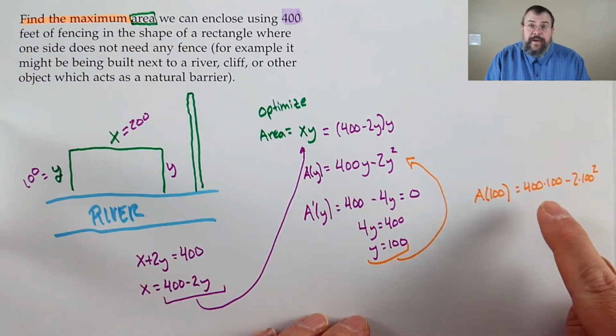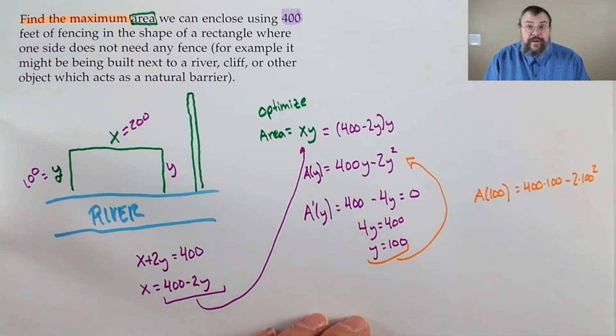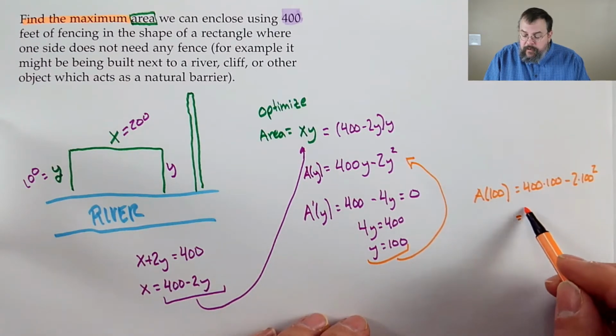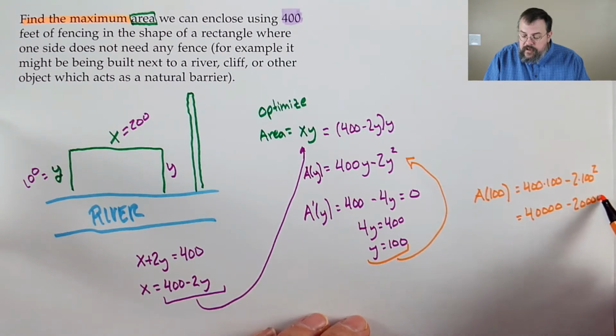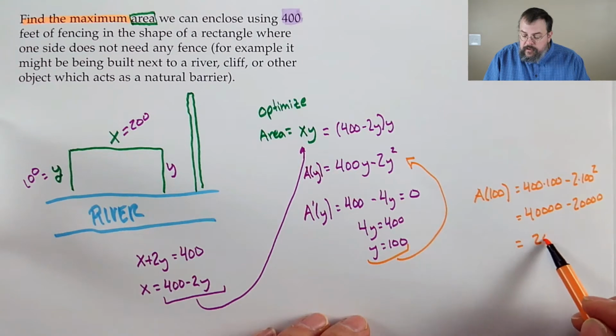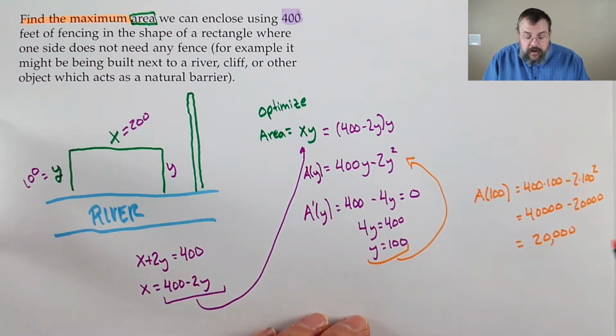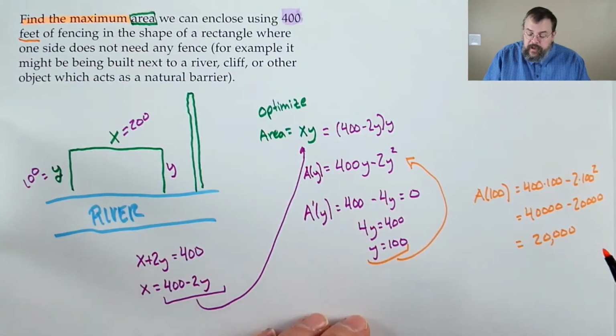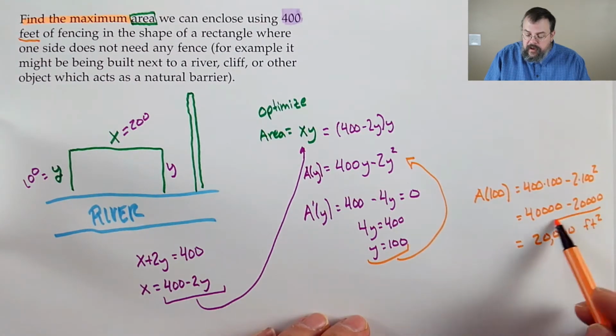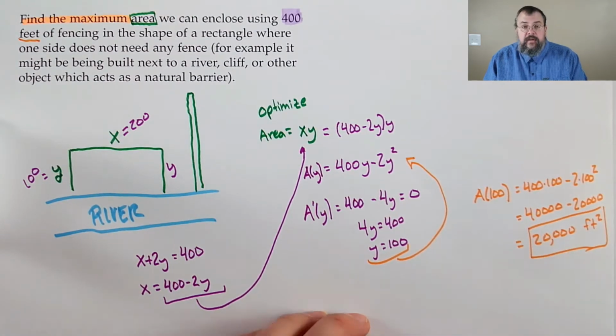Now the nice thing is whenever you have hundreds involved, it's easy to do the multiplication because you just keep adding zeros. So the first term would be 4 with 4 zeros, and the second term would be 2 with 4 zeros. And we end up with 20,000. Now, if we wanted units, we know we're measuring distances in feet. So we could say 20,000 square feet. Okay, and that's the answer.